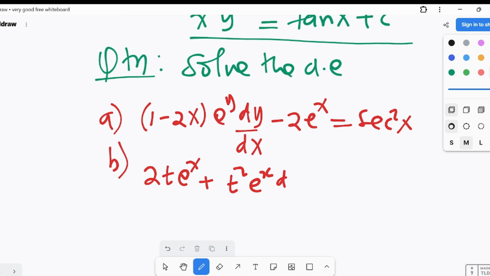Let me say dx dt is equal to sine of t plus t cos of t.